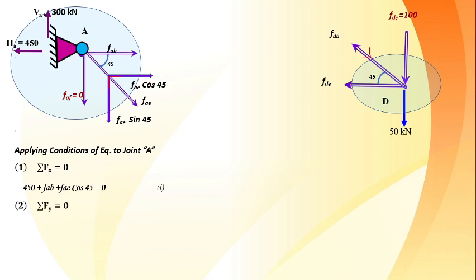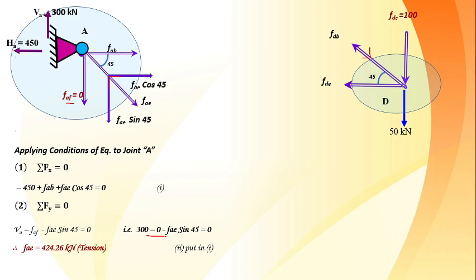Apply sigma fy. So VA minus FAF minus FAE sin of 45 is equal to 0. But FAF is already equal to 0, so we can substitute that value also. Here you can see I have done the substitution, and I am going to simplify this equation.